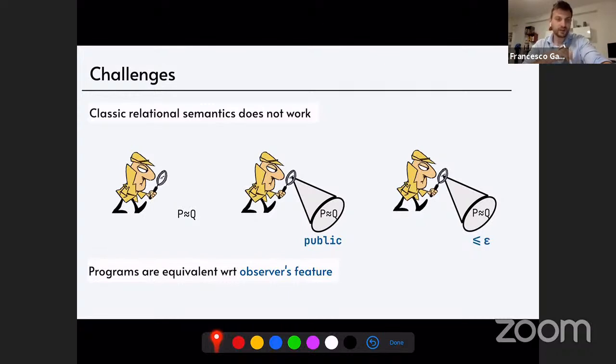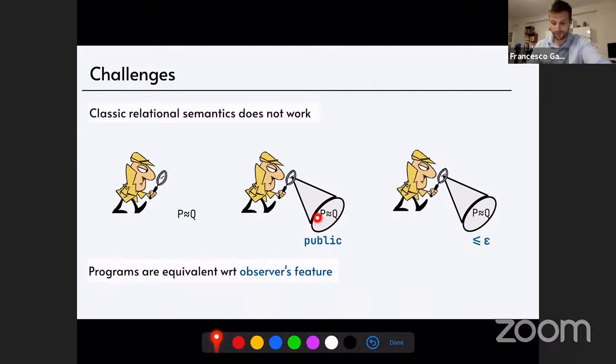And that is essentially because when we look at extensional program equivalence in an extensional setting, two programs are either equivalent or they are not. An observer can distinguish them or she cannot. Here we have something different, because now the equality between programs actually depends on some observer's features.